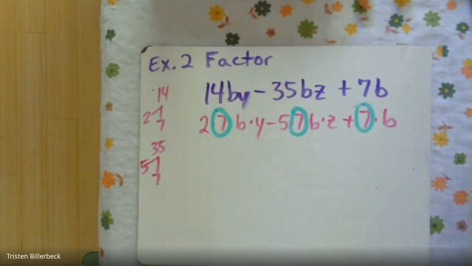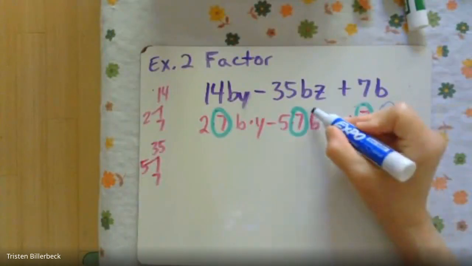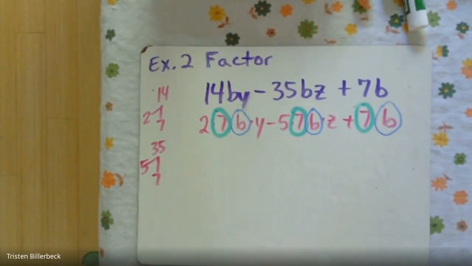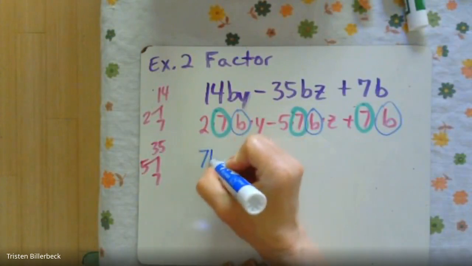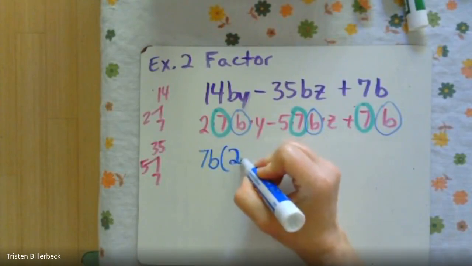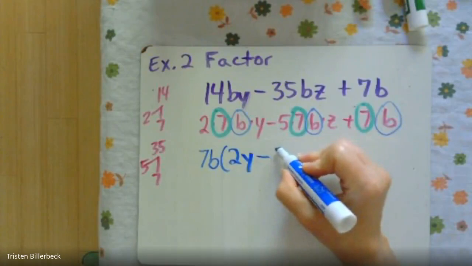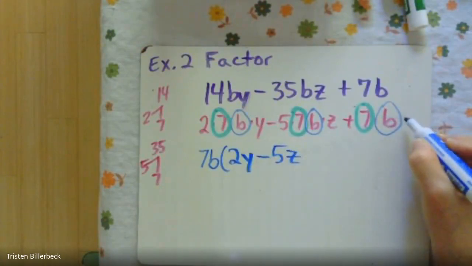They have more things in common. They have a B in common as well, so we can take the B out too. When we put this together, we have 7B times, and 2Y is left over, minus 5 times Z, which is 5Z, and then 7 times B.